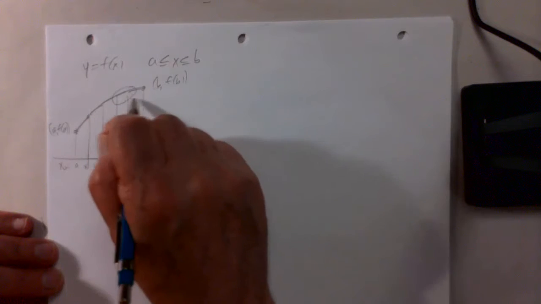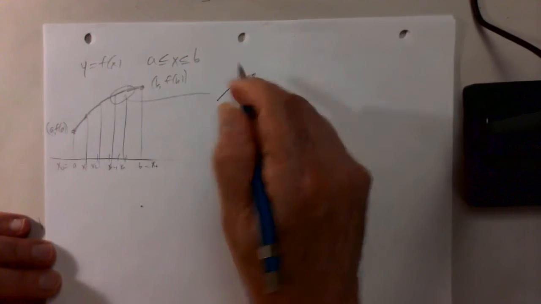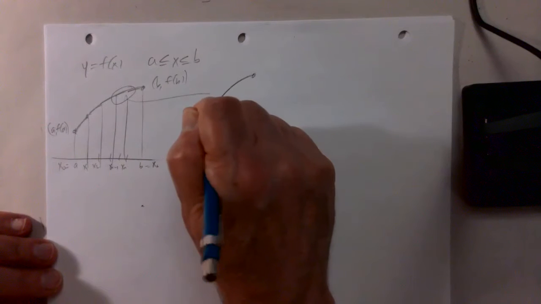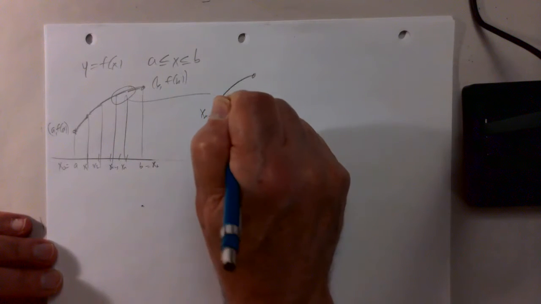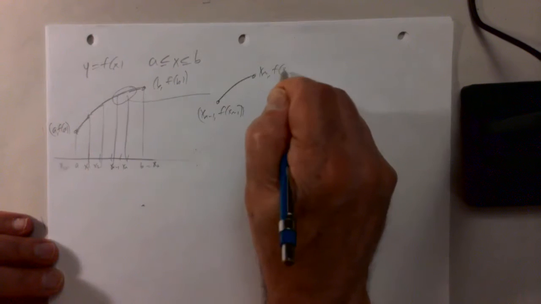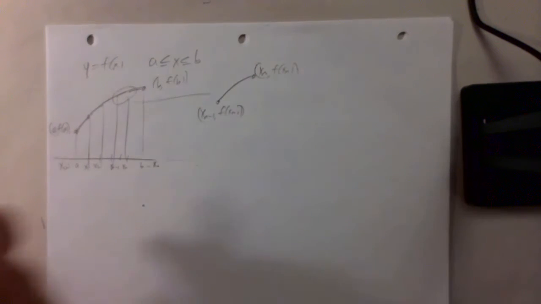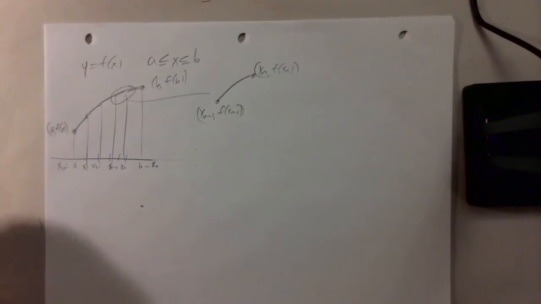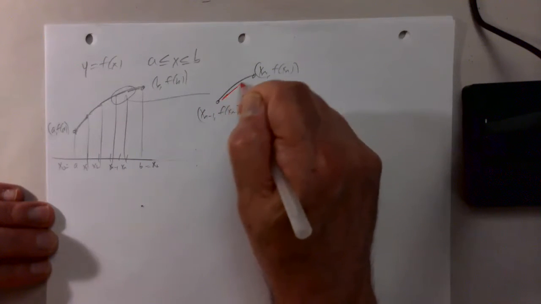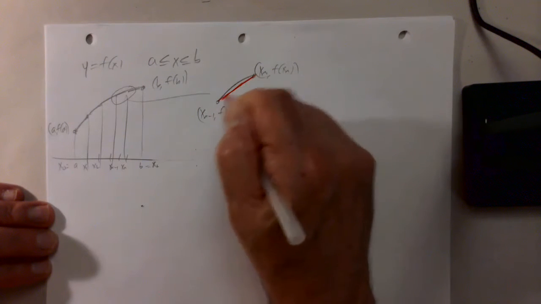So if we focus on just one piece, this is xi minus 1, f of xi minus 1. And this is xi, f of xi. If the interval from xi minus 1 to xi is small, this is not going to differ too much from a straight line.